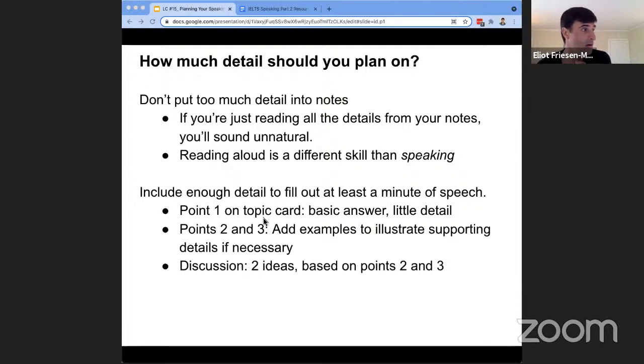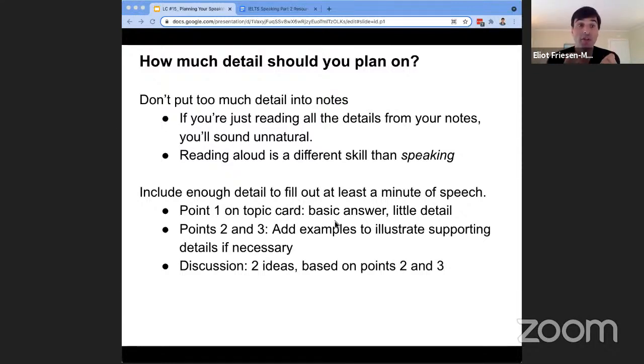All right, but for the different parts of the card we're looking at, point 1 on the topic card, as we talked about a moment ago, you're going to probably have very little to say. But points 2 and 3, the bullet points, you might start to think of some examples that you could add, and that could be worthwhile to put on your note card. I often recommend, if you can avoid writing notes about the bullet points, remember you've got that card either on your screen or in your hands as you're responding.